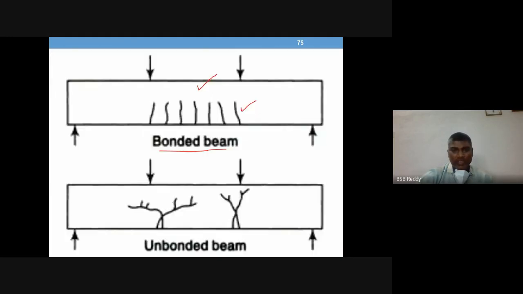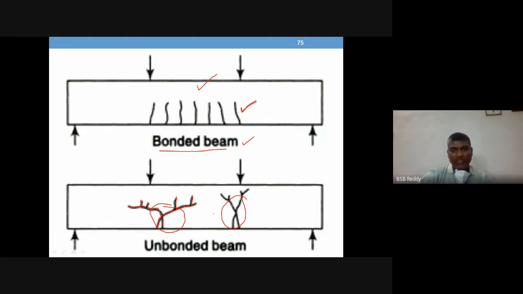Whereas when you see the unbonded beam, the cracking behavior is vague, where the cracks are propagating in a bizarre manner, where you can't predict how this crack is going to progress. Okay, this is a very regular behavior where bonded beams will behave, right? Whereas unbonded beams, the cracking nature is completely unpredictable. So that is a problem with the unbonded beam.